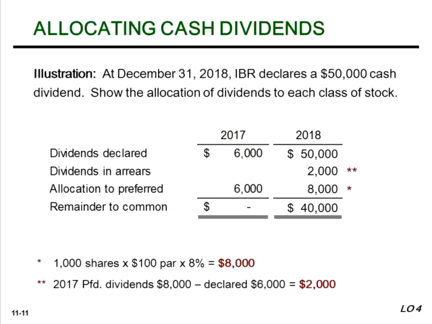First thing is the $2,000 in arrears from 2017, and then the $8,000 dividend that is due in 2018. So if we subtract the $10,000 of preferred dividends from the total dividends declared of $50,000, $40,000 will go to the common shareholders.